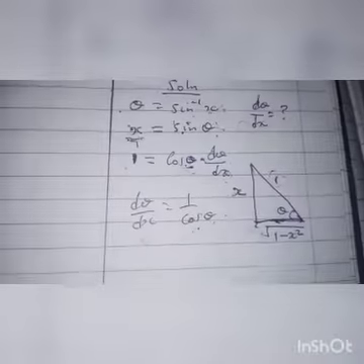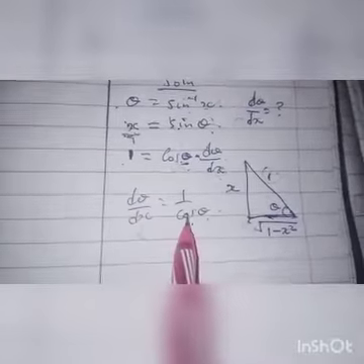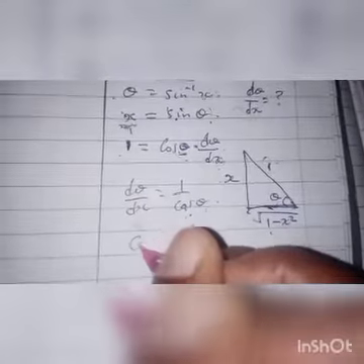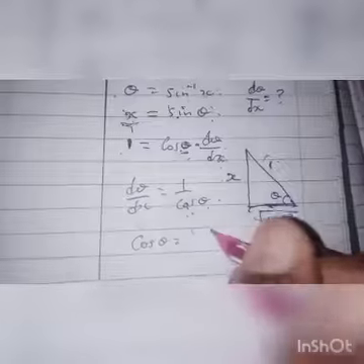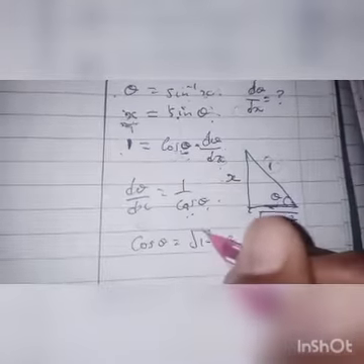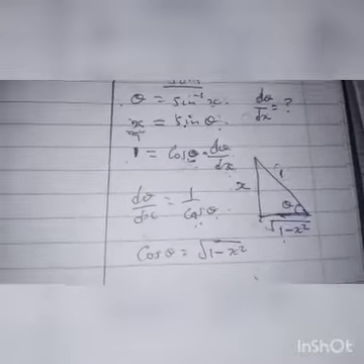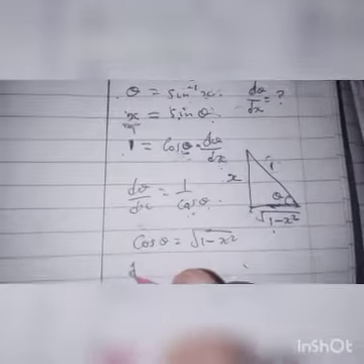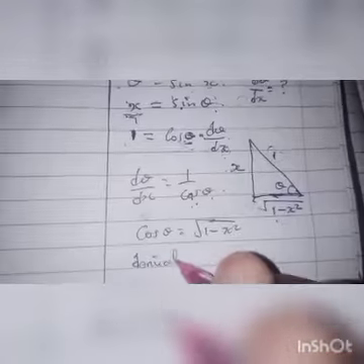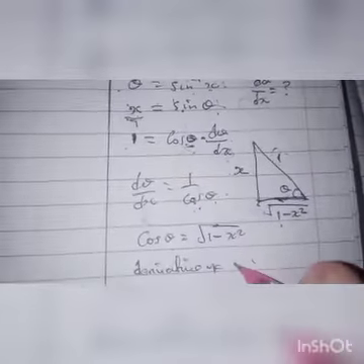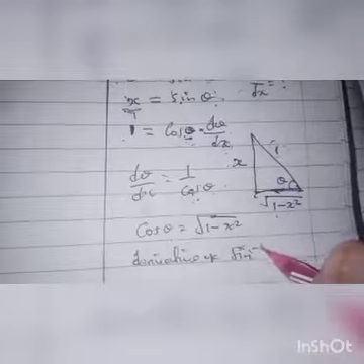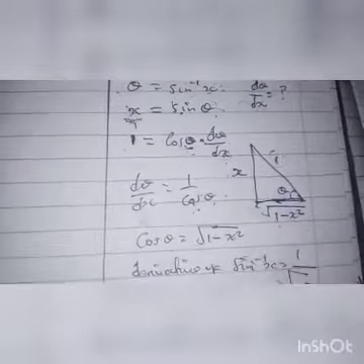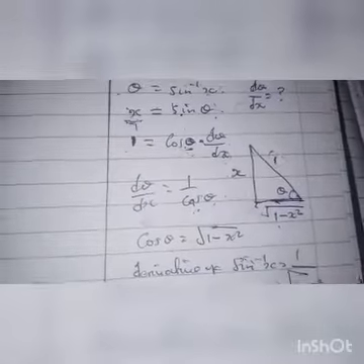Cos is adjacent over hypotenuse. So cos theta is the root of 1 minus x squared over 1, which remains the same. Therefore, the derivative of sine inverse of x is just 1 over the root of 1 minus x squared.